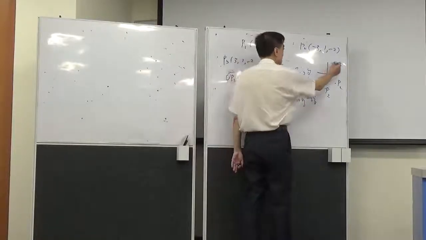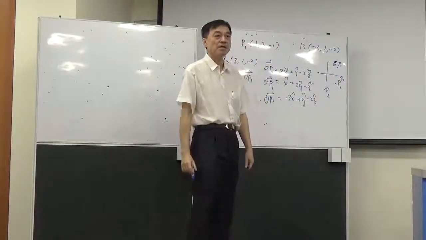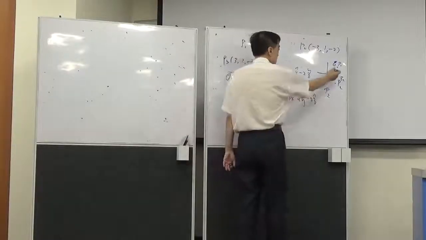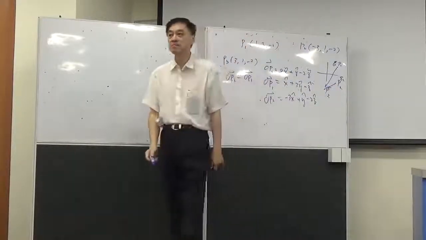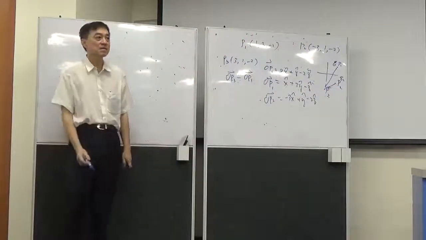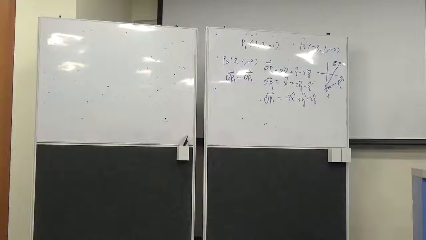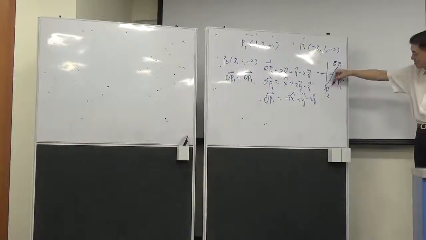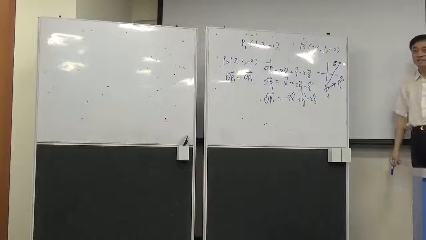I have a charge here, I have a charge here. If I have a charge here, that means my electric field is like this. Right? Oh, okay. Sorry. Of both charges, one is positive, one is negative. So if it's negative, am I correct? One is like this, one is like this.